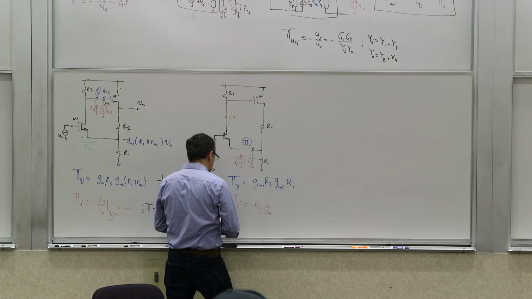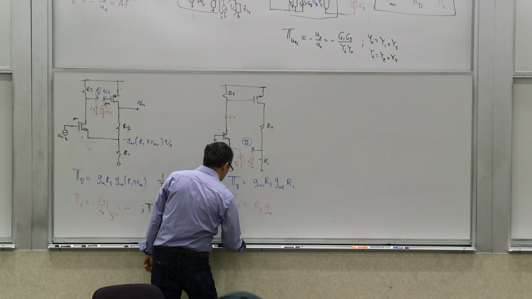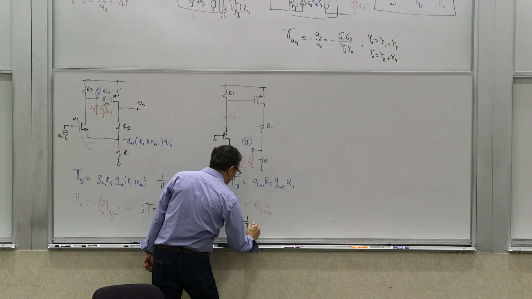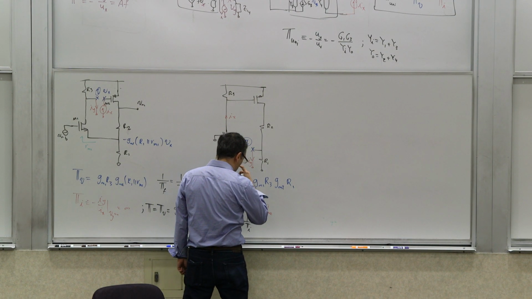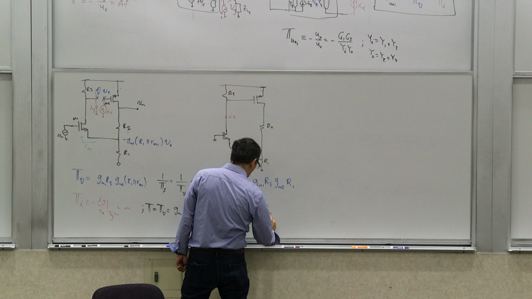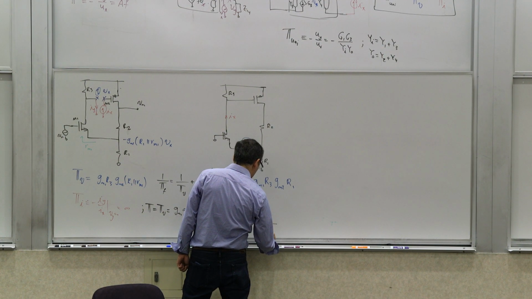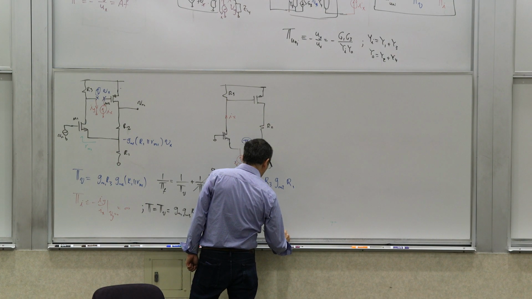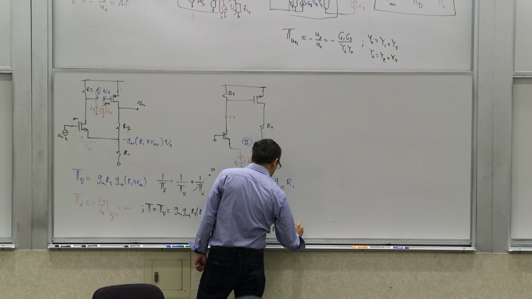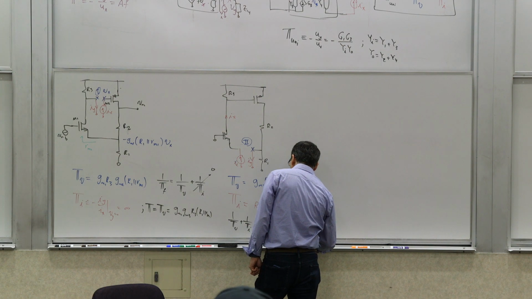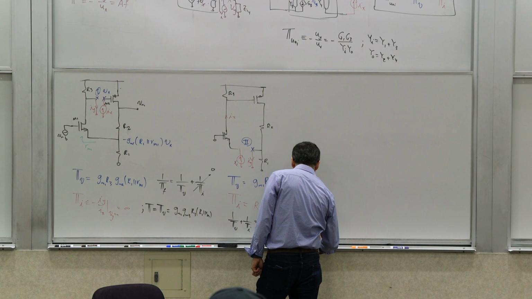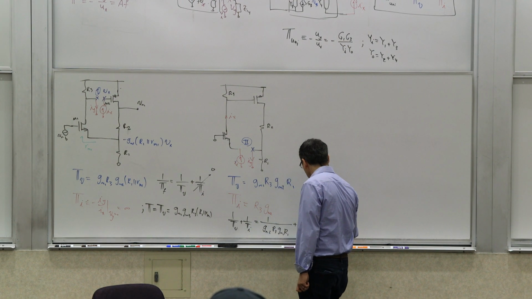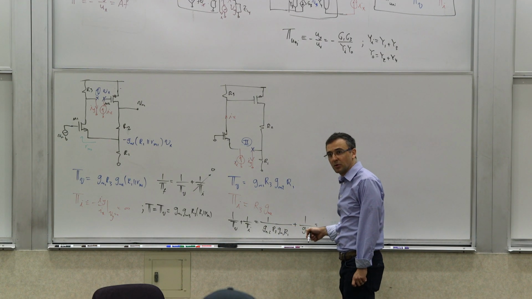So now let's see what we get if we calculate 1 over Tv plus 1 over Ti. Well, you get 1 over Gm2 R3 Gm1 R1 plus 1 over Gm2 R3. And you can clearly factor this term out of both of them.